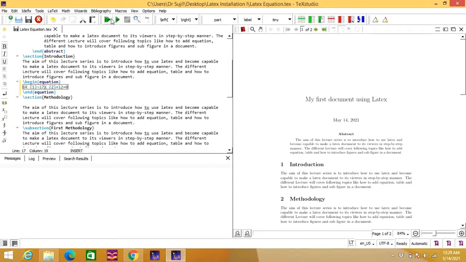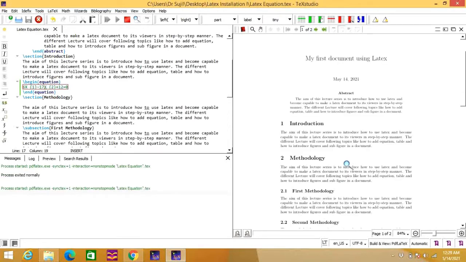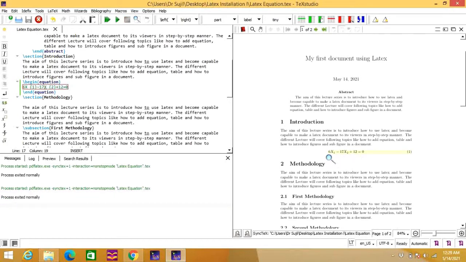Now let's see by running this code what we get in our PDF document. So we got the equation 6x1 minus 17x2 plus 12 equal to 0.